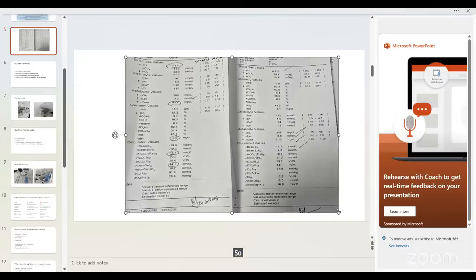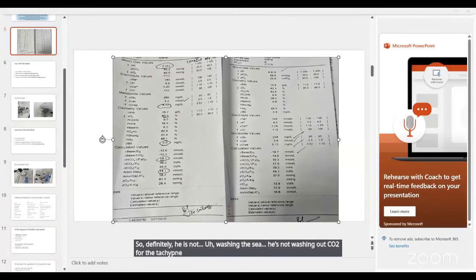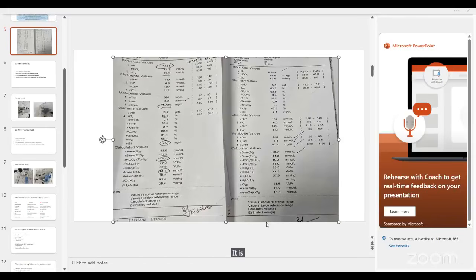If this patient's respiratory rate is 35 and his PCO2 is still 41, then definitely he is not washing out CO2 for the tachypnea that he has. So obviously the 41, although it looks like a normal range, is not a normal range for his altered physiology. This is the ABG that we have taken.